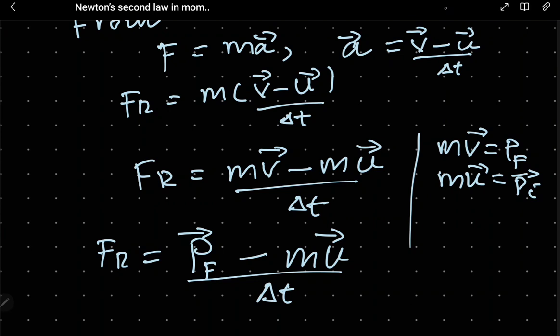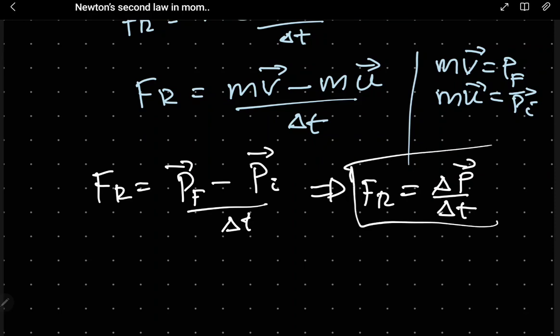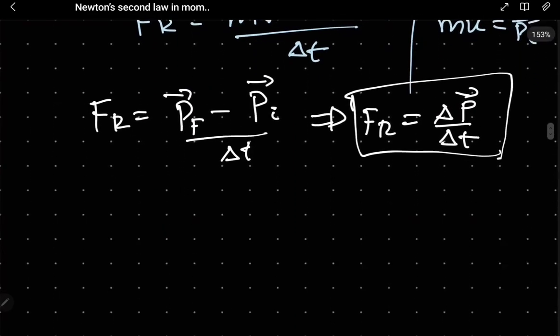So P final minus P initial is the final momentum minus the initial momentum, which is simply the change in momentum. So the resultant force is equal to the change in linear momentum, change in P, divided by the change in time. This is Newton's second law in momentum form.